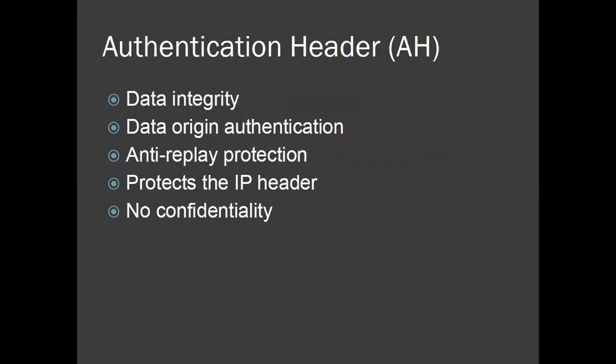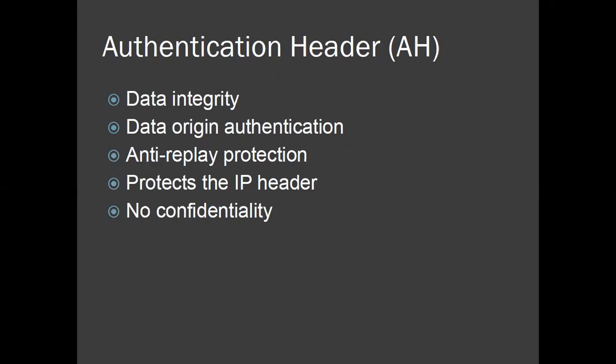The authentication header protocol is designed to authenticate the source host and to ensure the integrity of the payload which is carried in the IP packet. The protocol uses a hash function and a symmetric key to create a message digest. The digest is inserted in the authentication header.